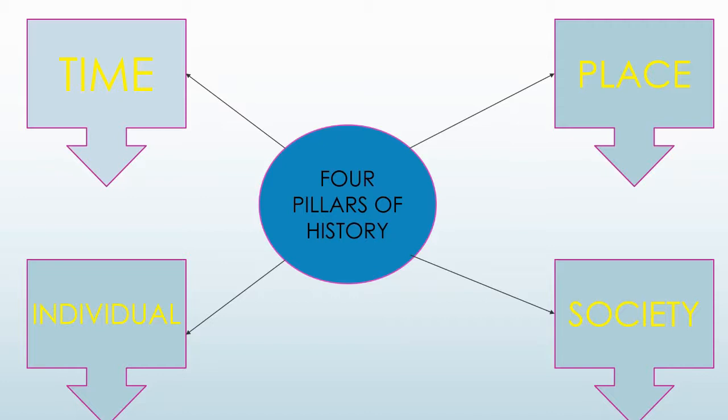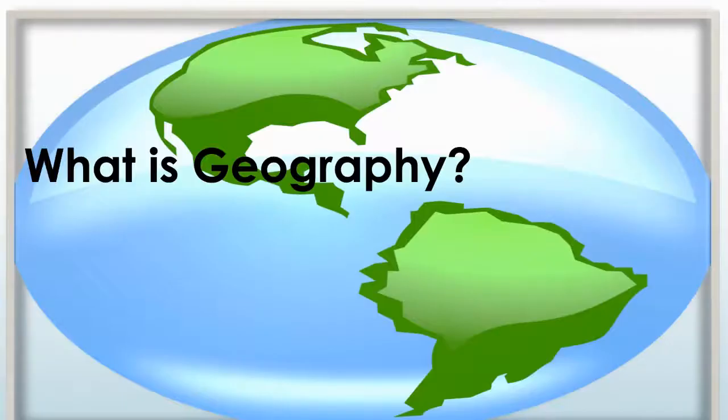Students, of these 4 components, place is related to geography or geographical condition. How? Let us learn. For this, we have to learn what is geography. As we learned that place is one of the 4 pillars and it is also related with geography.